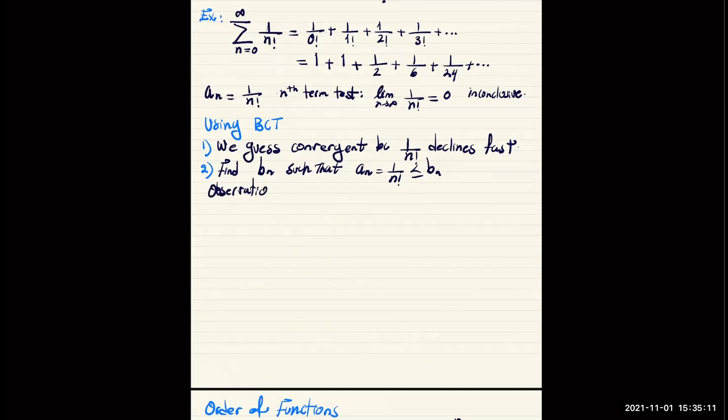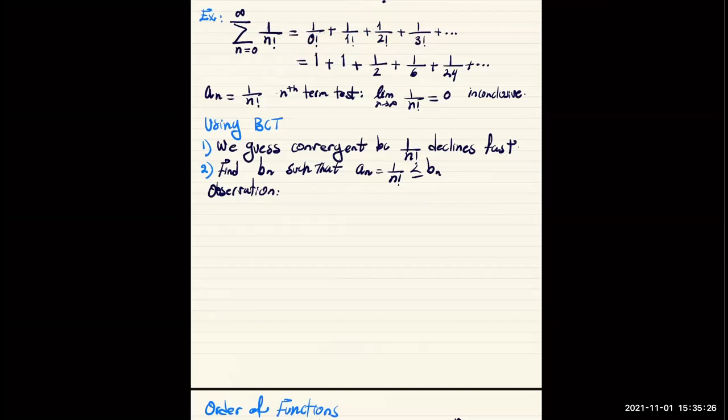I want us to observe something. We want to come up with a sequence whose terms are always larger than these terms.